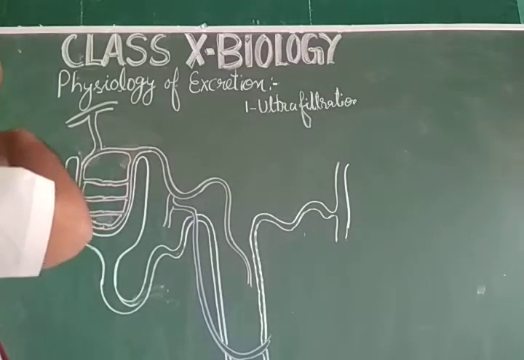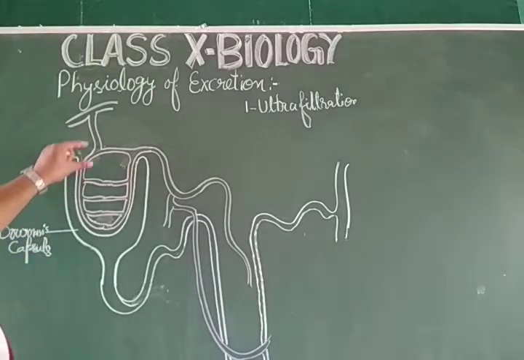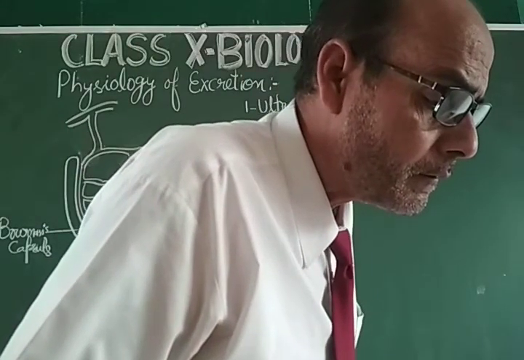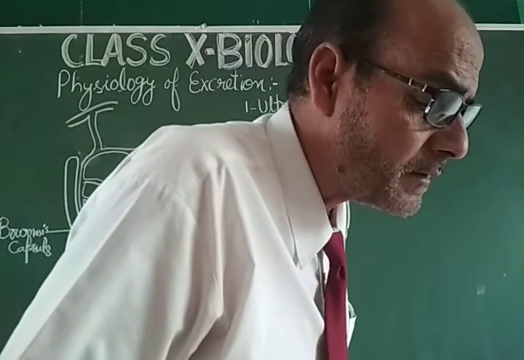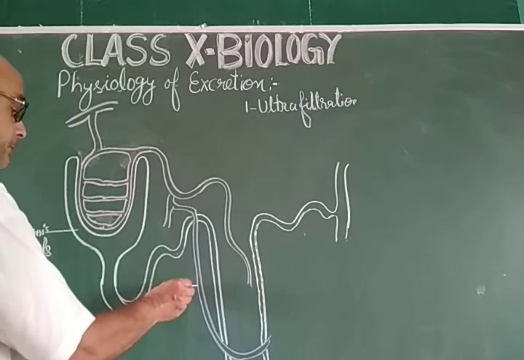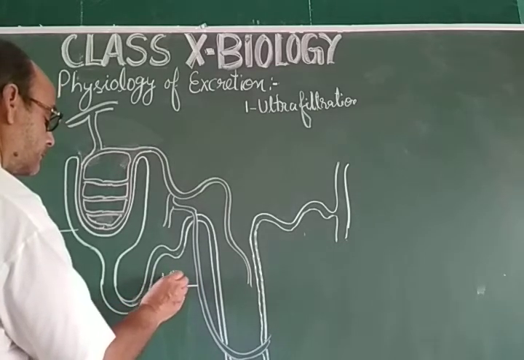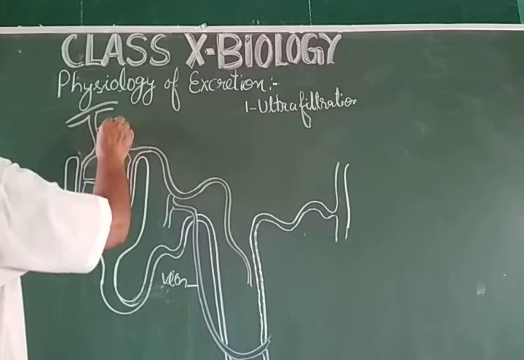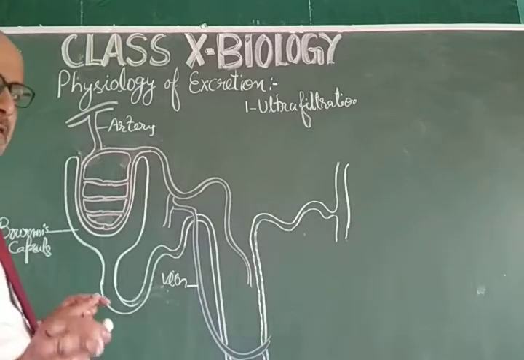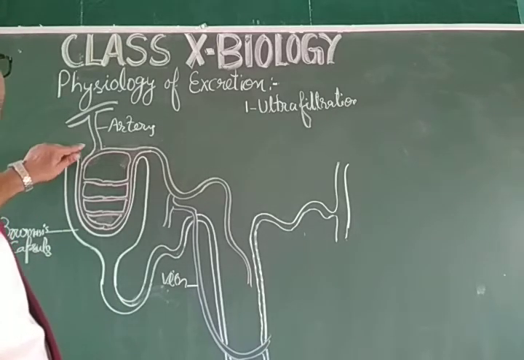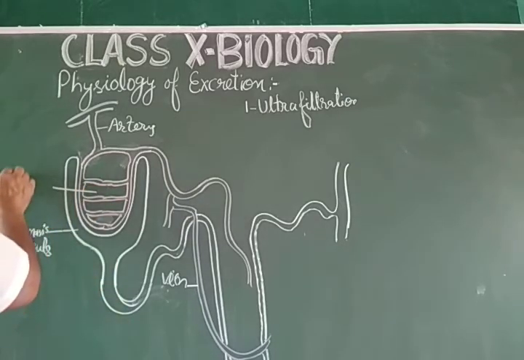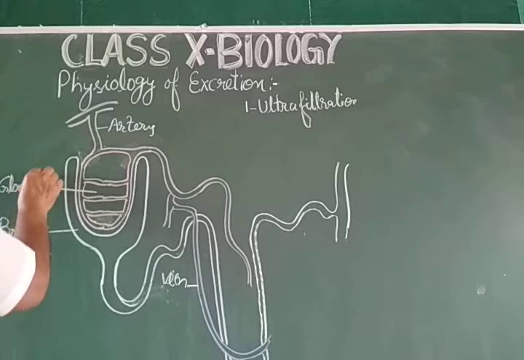now this is the efferent. This is the artery and this is the vein. So arteries and veins are there, a bunch of arteries and veins. And this part is called the glomerulus.